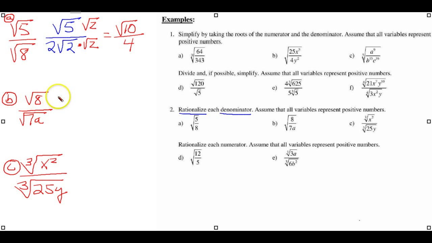So we said already that the 8 was 2 the square root of 2 over the square root of 7a. So what will we multiply 7a by to make it rational? And the answer is the square root of 7a. But if we do the bottom, we have to do the top.